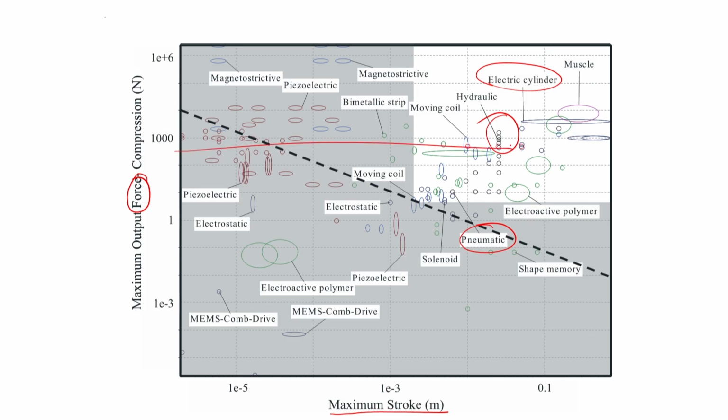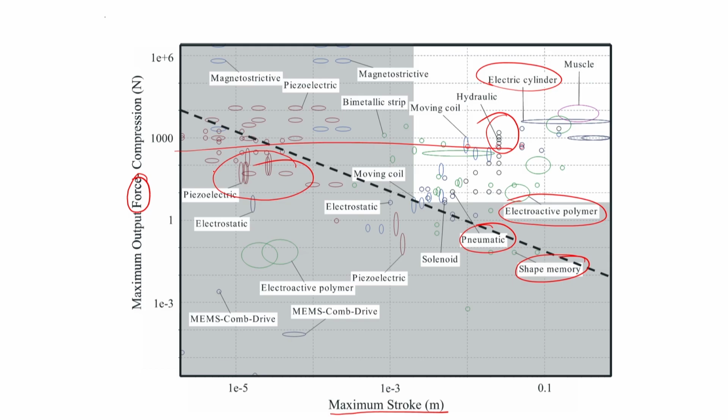If you think of a very large displacement, then you have options like shape memory and electroactive polymers. And if you are thinking of a moderate force level, then you have these piezoelectric materials with you. Okay.